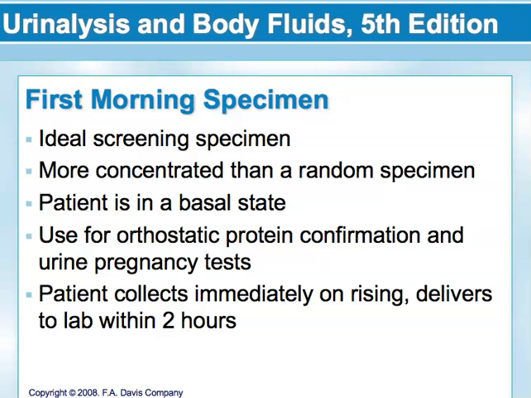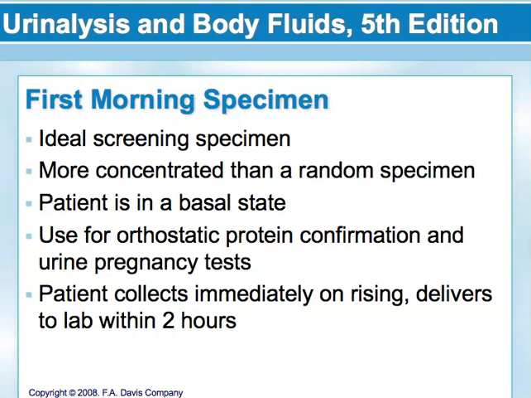The first morning specimen is ideal for screenings. The sample is more concentrated than a random sample, which assures detection of chemicals and formed elements that may not be present in a dilute random specimen. The patient must collect the specimen immediately once they get up in the morning, deliver it to the lab within 2 hours of collection, or refrigerate it if that's not possible.